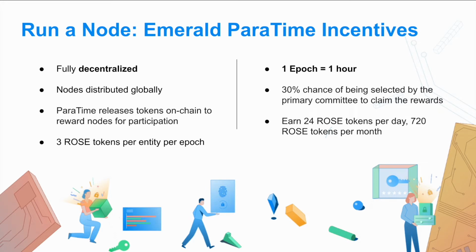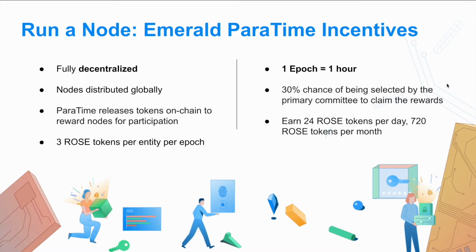There are 3 ROSE tokens per entity per epoch, where one epoch is 1 hour. So essentially, if you have 3 ROSE per hour, it's 72 ROSE per entity in 24 hours. So what does that mean? It means that there is also a mechanism determining who will be able to claim the rewards.